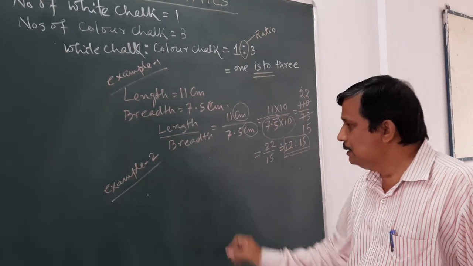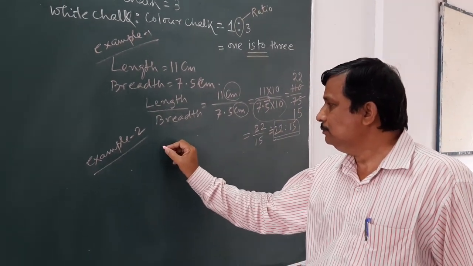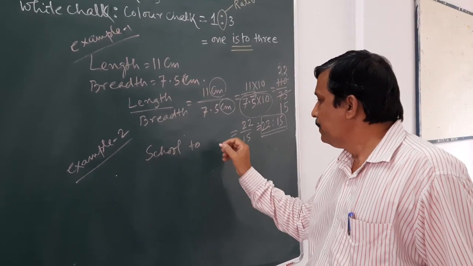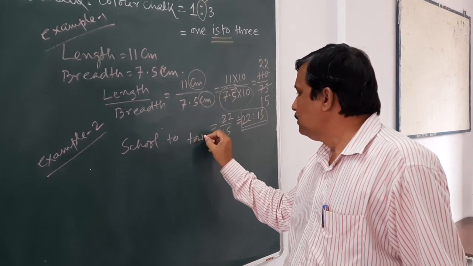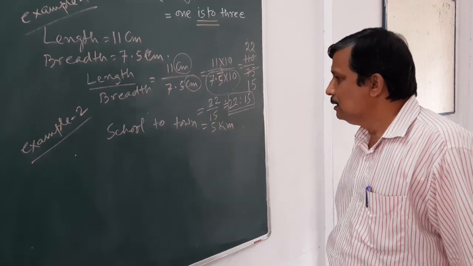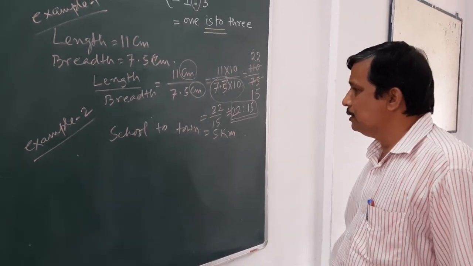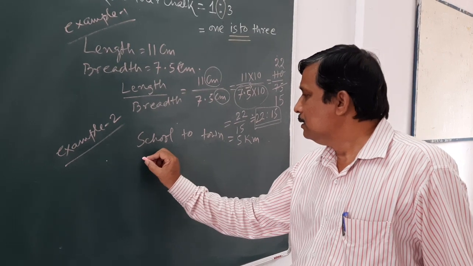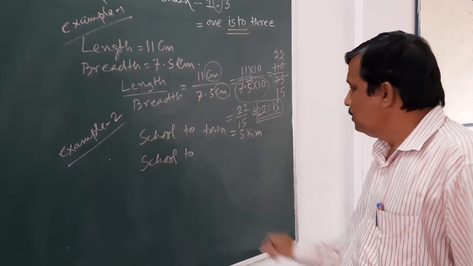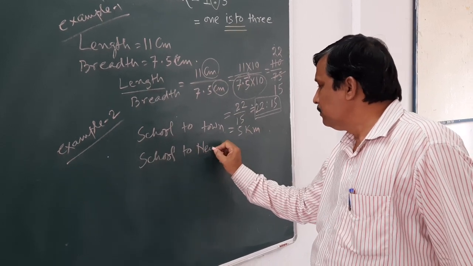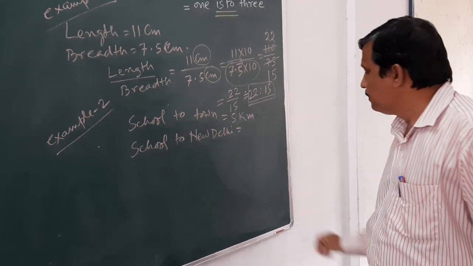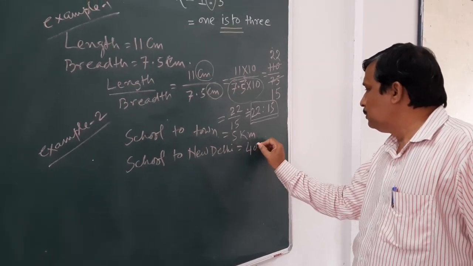Suppose the distance from school to town is 5 kilometers, but school to New Delhi is suppose 4,000 kilometers.